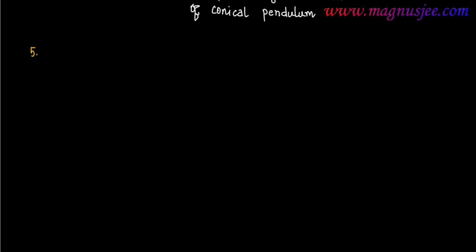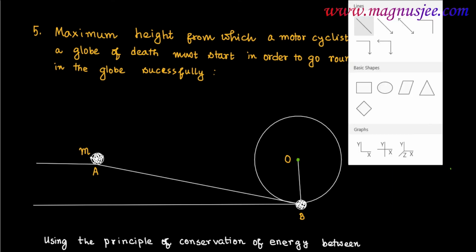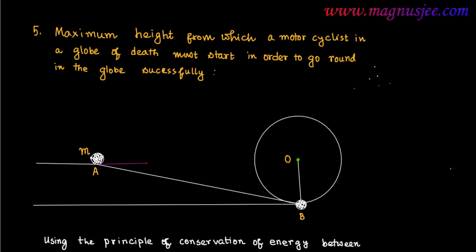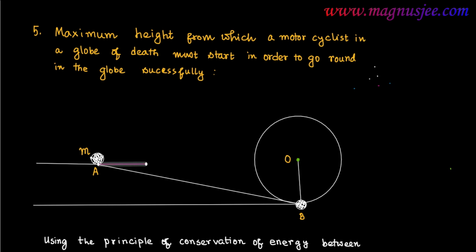Number 5 topic is the maximum height from which the motorcyclist in a globe of death must start in order to go round a globe successfully. Initially, the motorcyclist of mass m was at the point A, and this motorcyclist has initial velocity u, which is in horizontal direction.